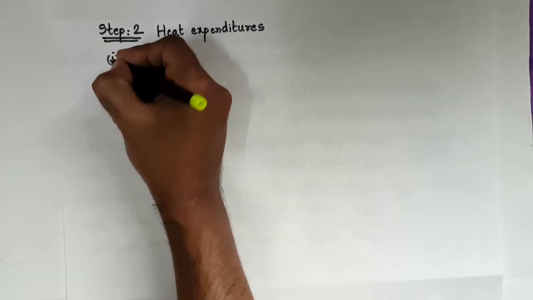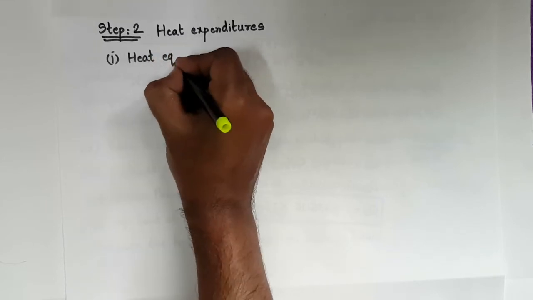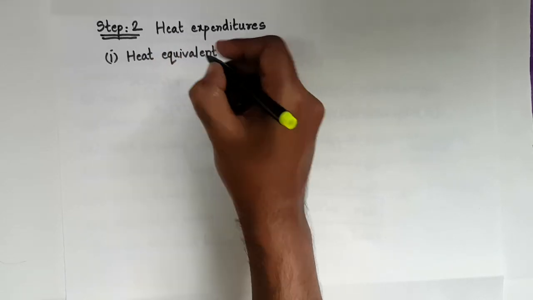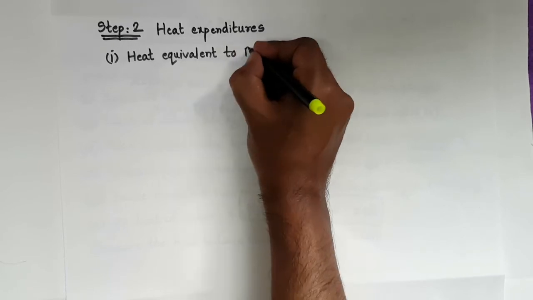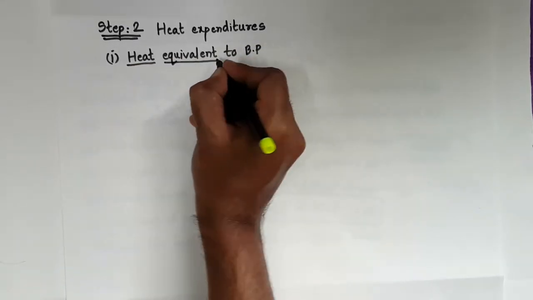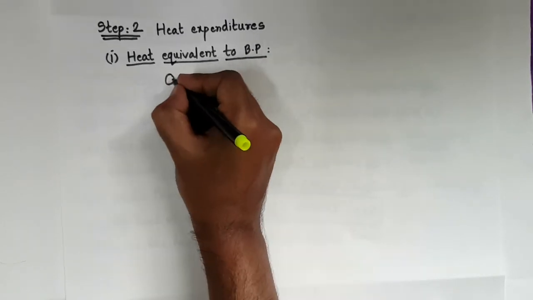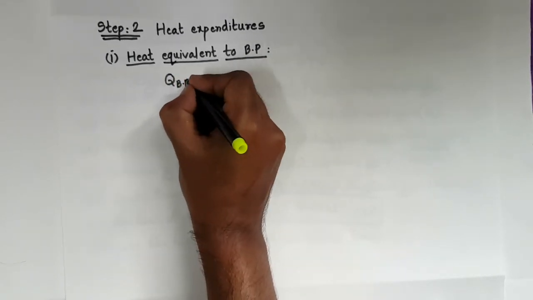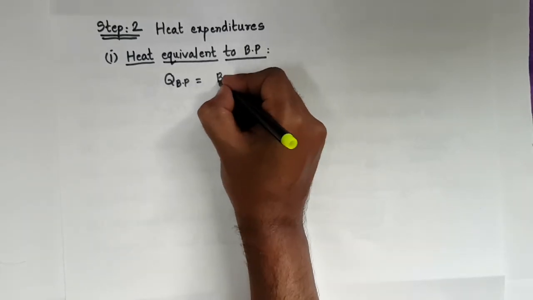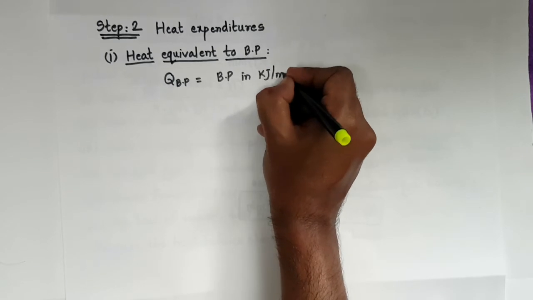So first expense, heat equivalent to brake power. So basically a major portion of heat supplied will be utilized in generation of brake power. So heat equivalent to that brake power will be equal to brake power in kilojoule per minute.